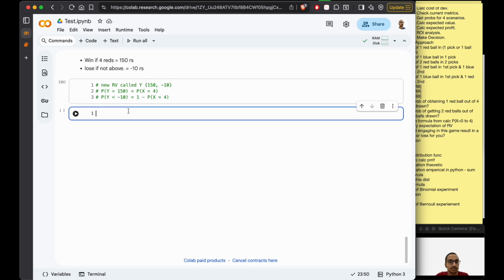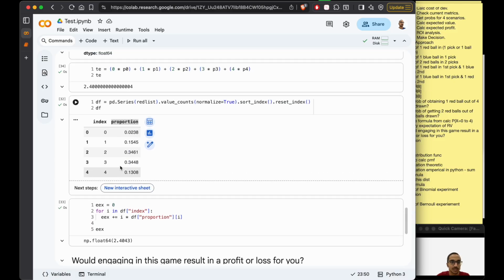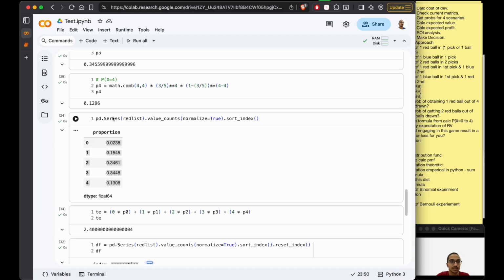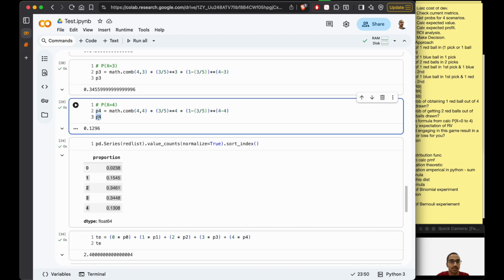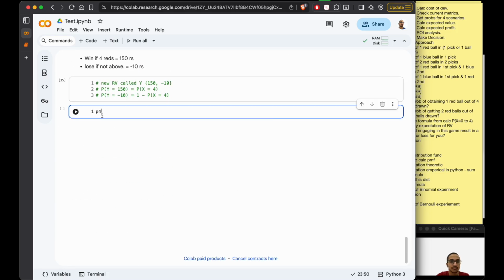So what is P of x equal to 4? We already know x equal to 4 here, which is nothing but P4. Let's take the same P4.